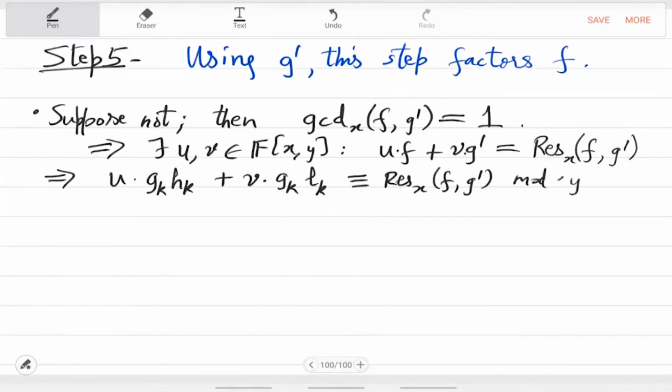So y to the 2 to the k, this will be the reason for contradiction. So you are getting gk times (u hk plus v lk) is congruent to the resultant mod this.